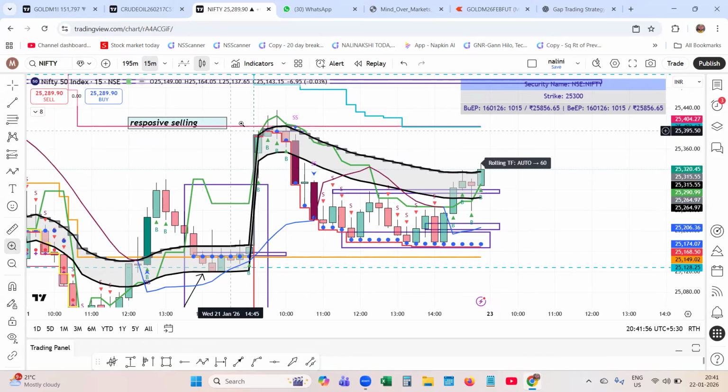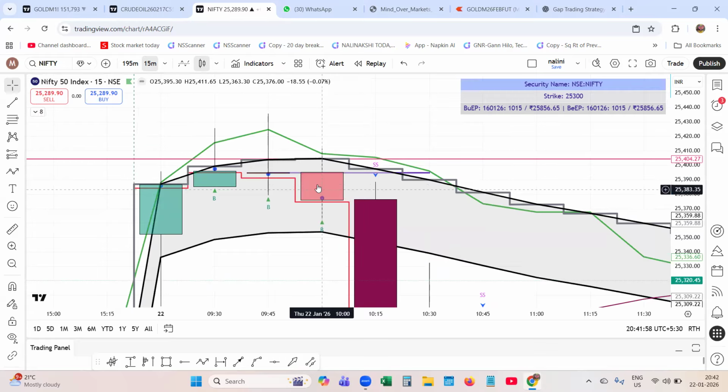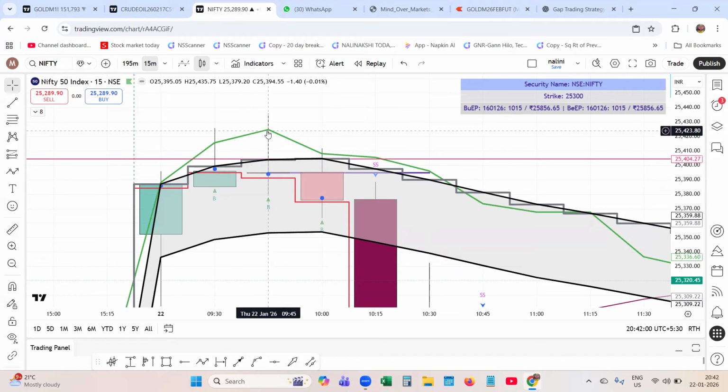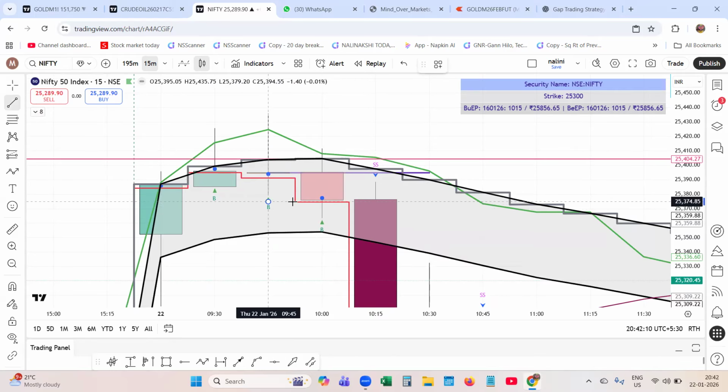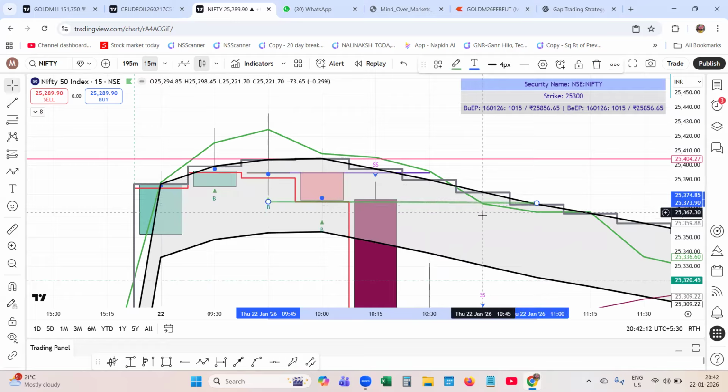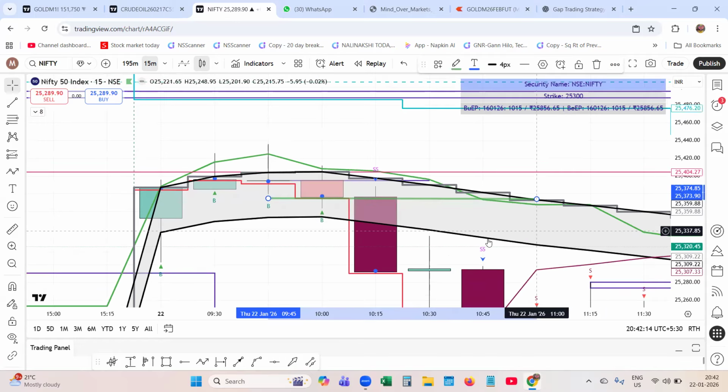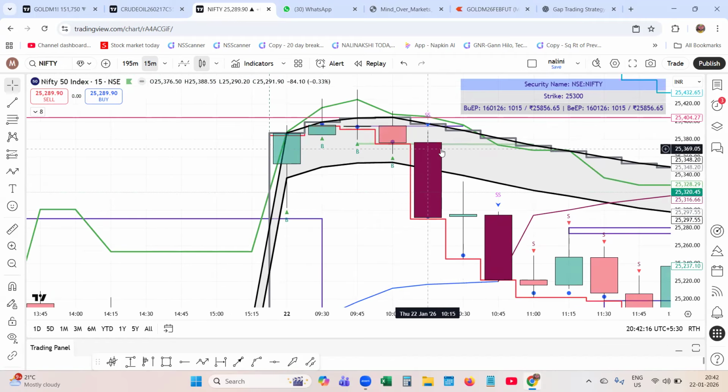If I zoom in, you can see the value area high and value area low of the daily. This is the value area low of the daily and the price started falling below the value area low.